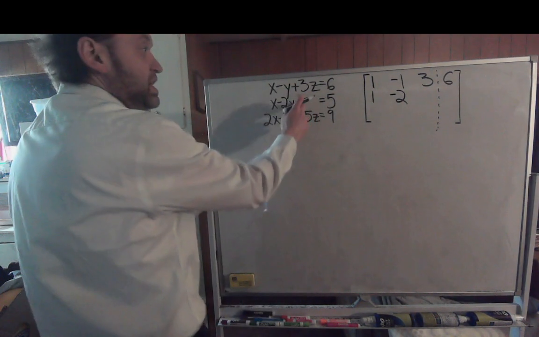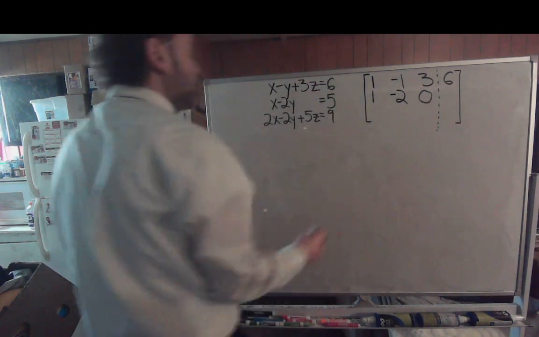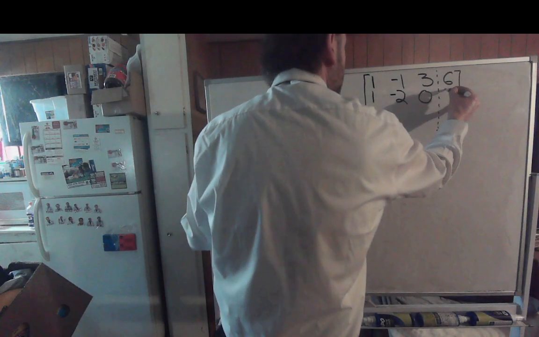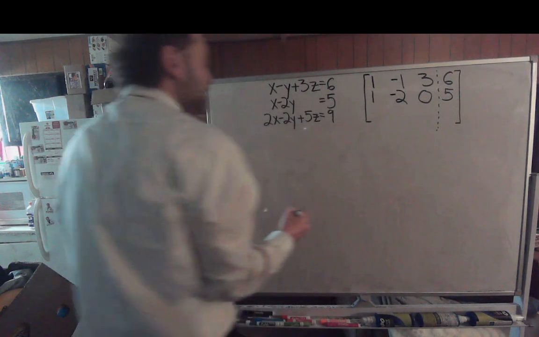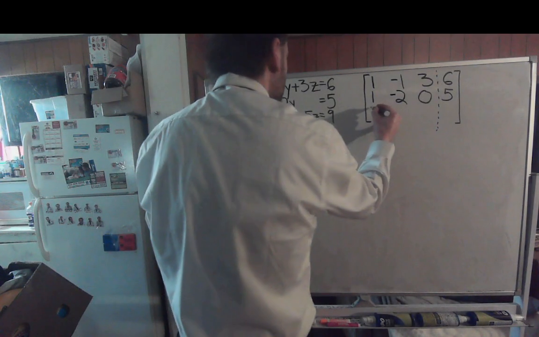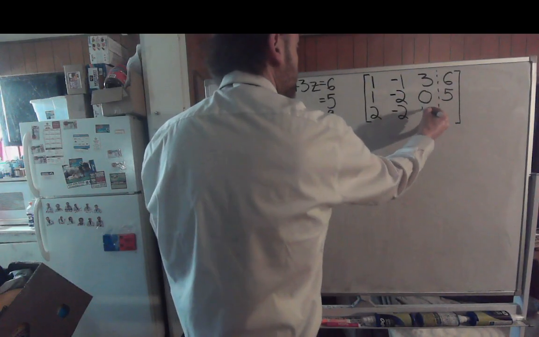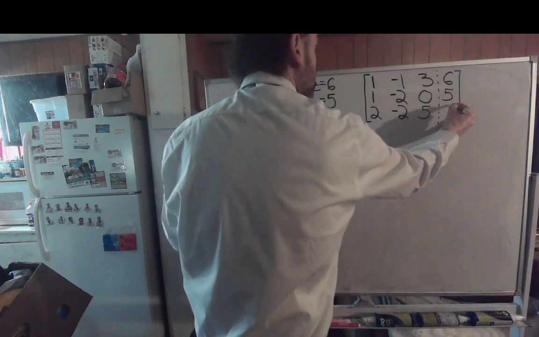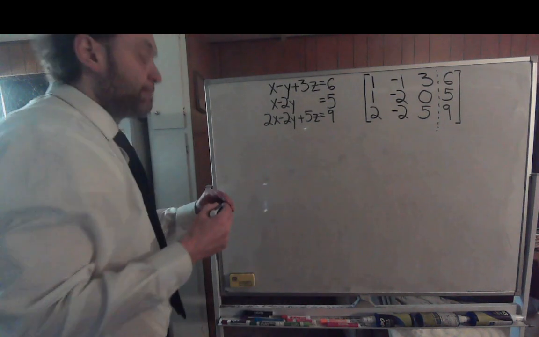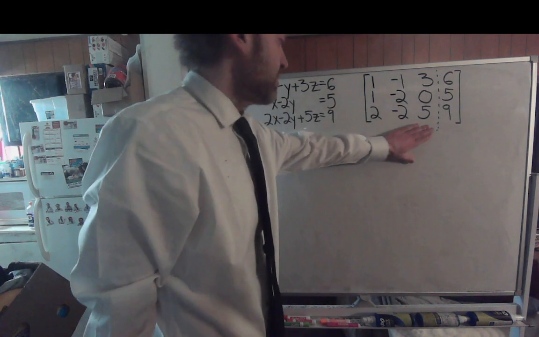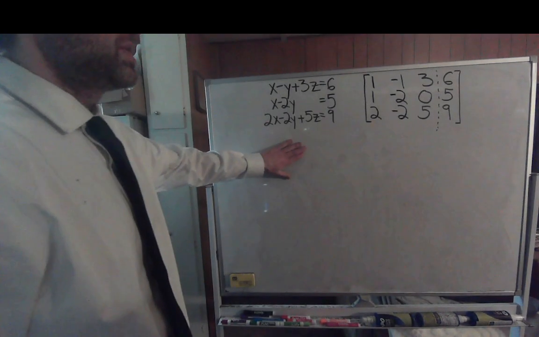Notice you don't have a z term there, so the default number that goes in the z place is 0. Then put that 5 to the right of the augmentation line. Third row, you have a 2 on the x, a negative 2 on the y, a 5 on the z, and then you have 9 to the right of the line of augmentation. So there's the matrix that represents this system of equations.